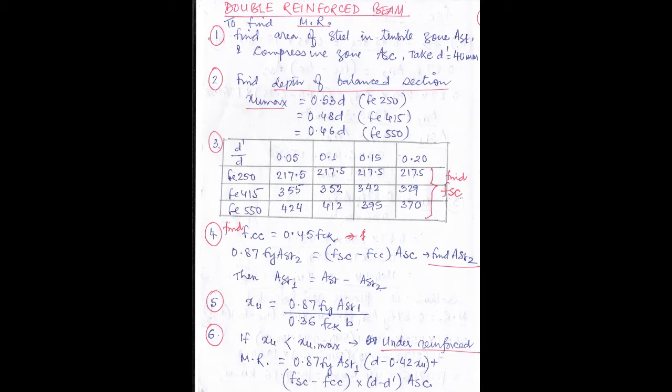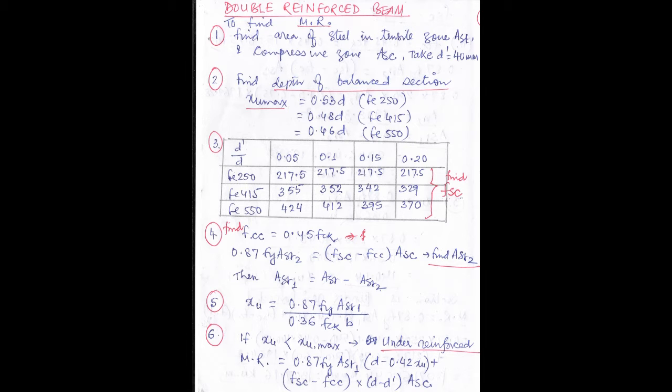For Fe 415, how will we read the value? If the value of d dash by d is 0.05, it is 355. If the value of d dash by d is 0.1, the value will be 352, and so on. Now the question comes, what if a value comes in between, for example 0.07?